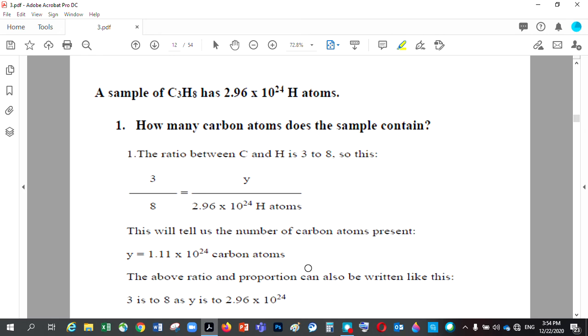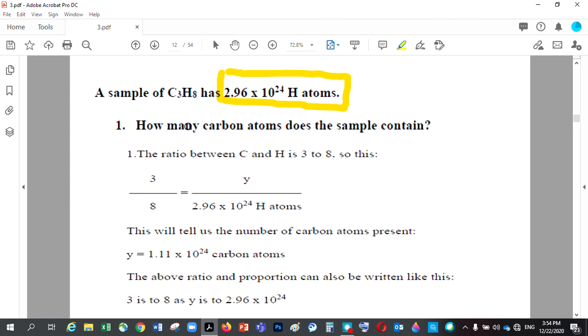So now let's look at an example here. If I have a molecule, I have to calculate how many carbon atoms the sample contains. A sample of C3H8 has, this is the number of atoms in this molecule.